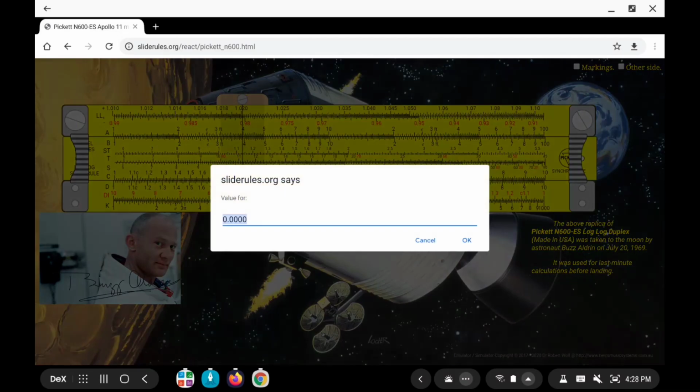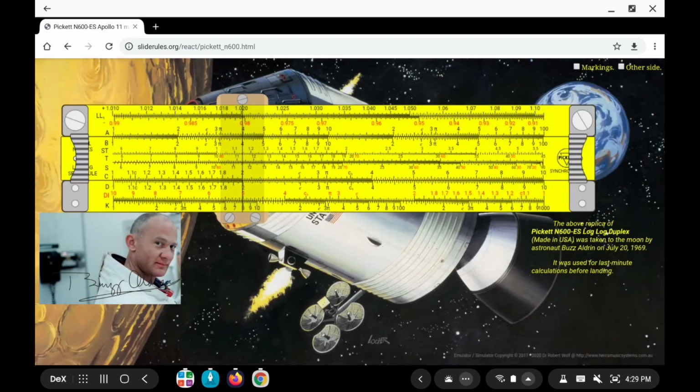Well, the numbers on the B scale are squished by a factor of 2. So what you're seeing here is that 2 to the power 2, the 2 on the C scale, to the power 2 translates into 4 on the B scale.